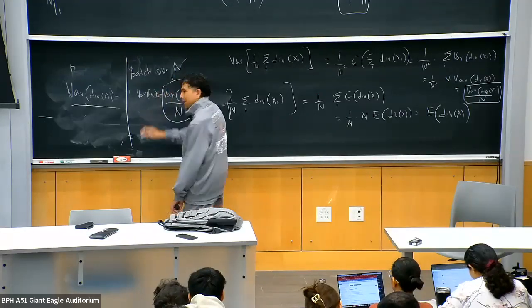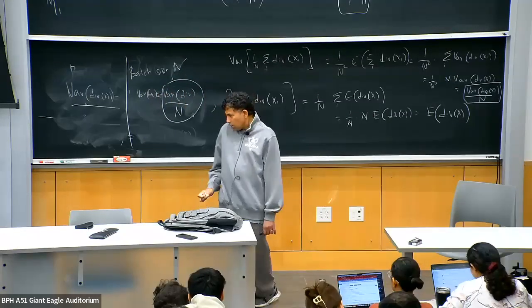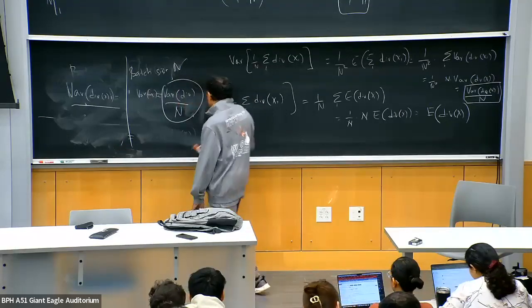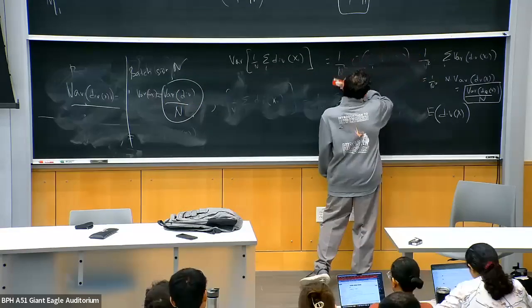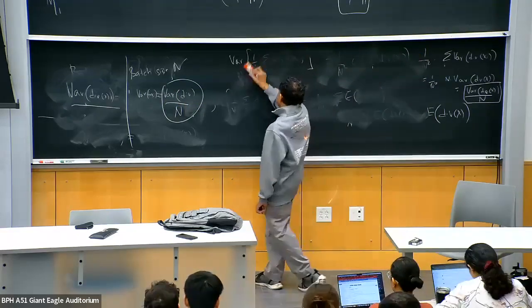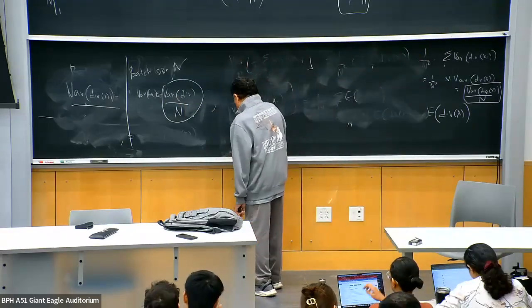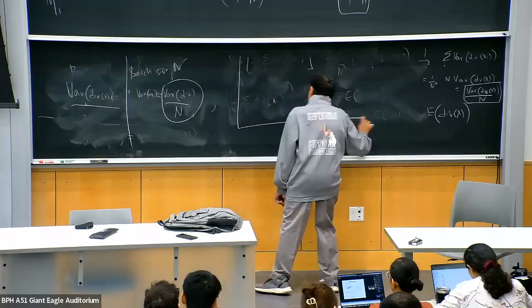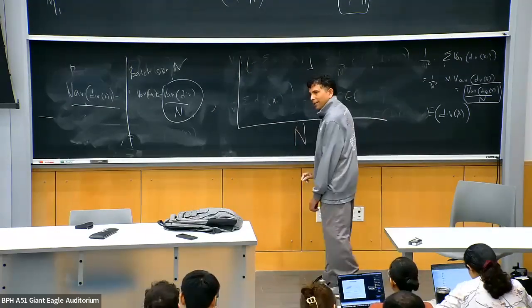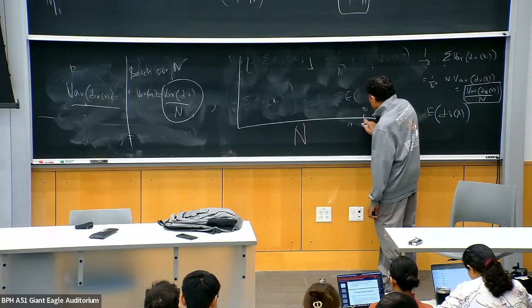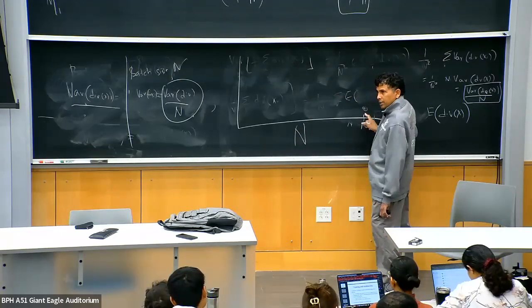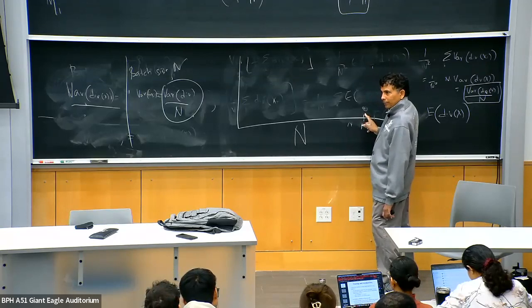Right? This is for a batch size of n. So when I actually perform stochastic gradient descent, this is my batch size, and suppose my entire training data is n. This is the lowest my variance is going to get.